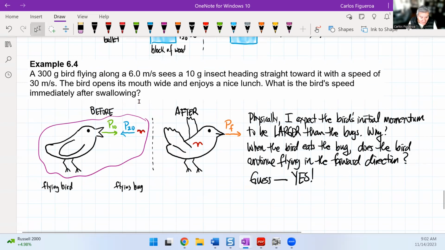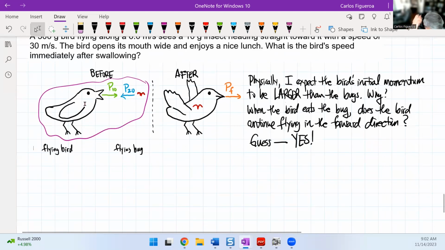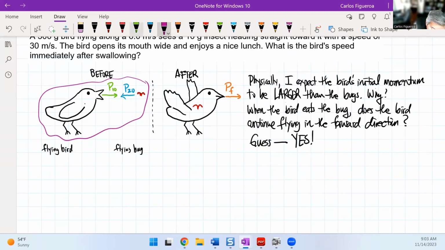So then if I start looking at my bar diagram, what am I expecting here? I would expect that I have a momentum of the bird. And I expect the momentum of the bird to be higher, right? So maybe I should be painting my bird green here.